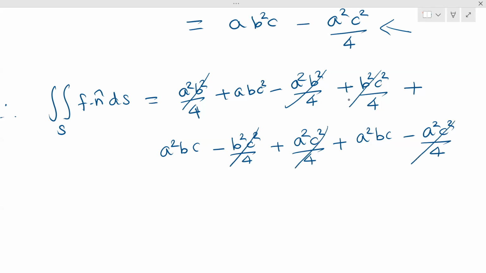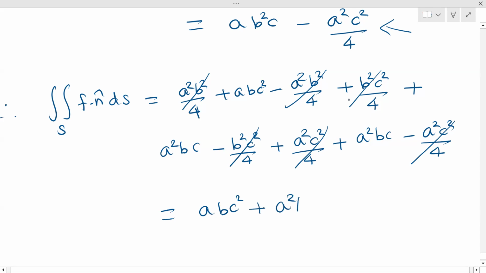So we will get abc square plus a square bc plus a b square c.